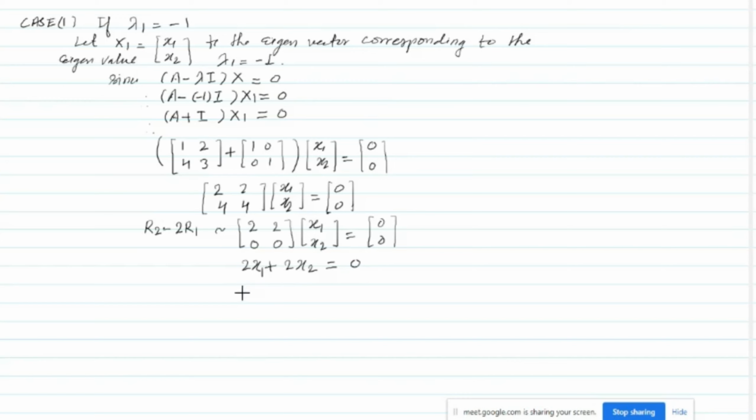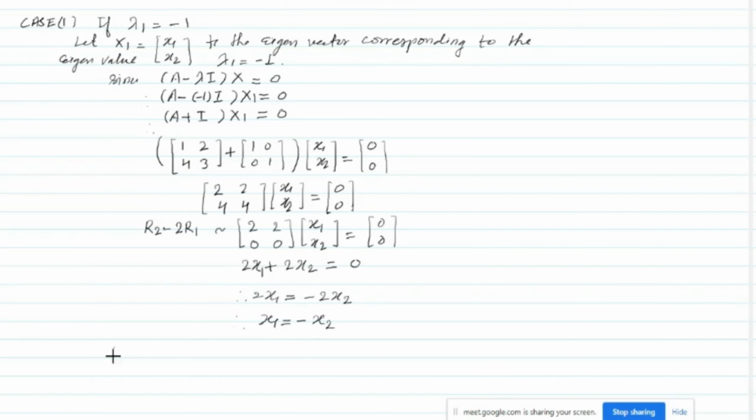Therefore 2 times x1 equals minus 2 times x2, and cancelling 2 you get x1 equal to minus x2. So just replace the value of x1 in this vector.